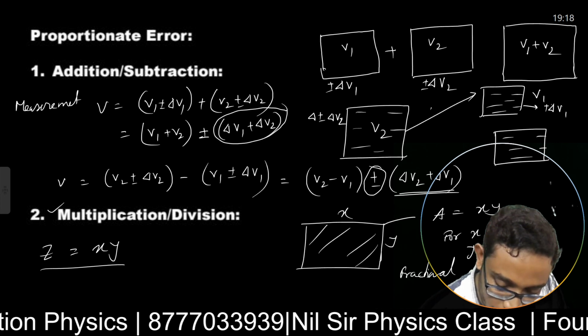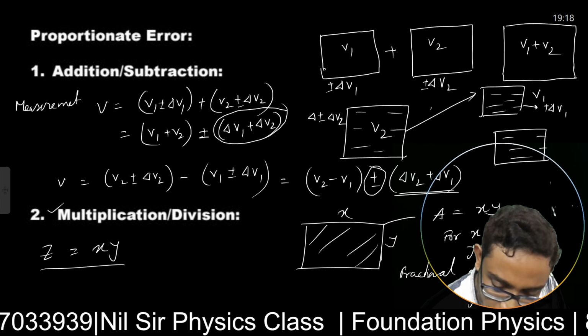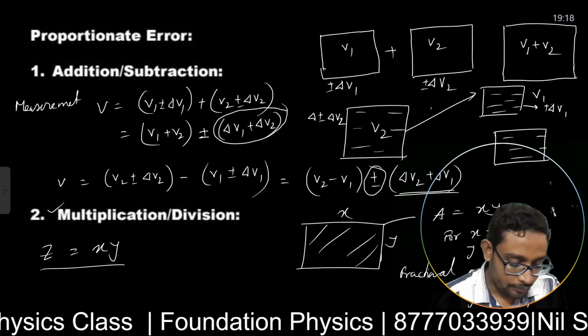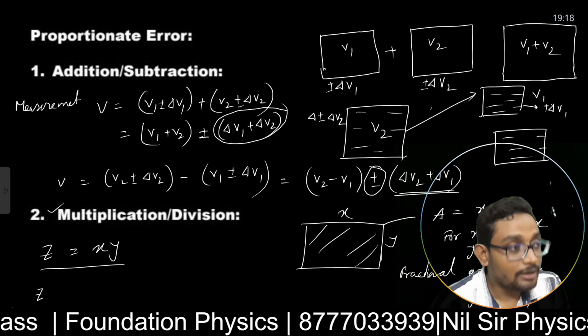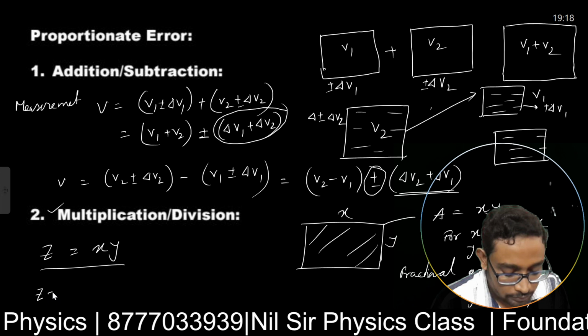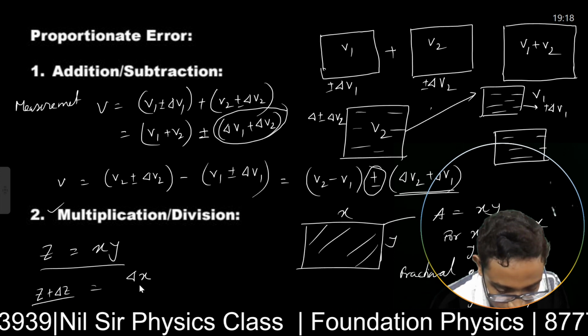For x it is delta x by x, for y delta y by y, and for calculating this z, it will be plus minus delta z always.